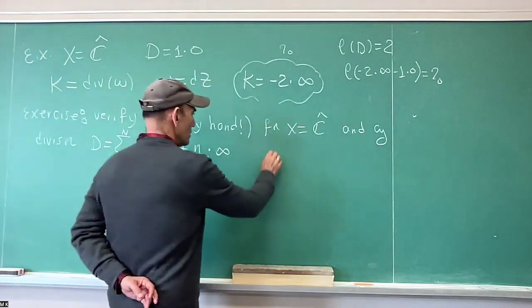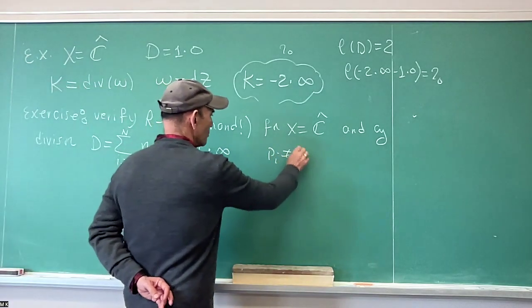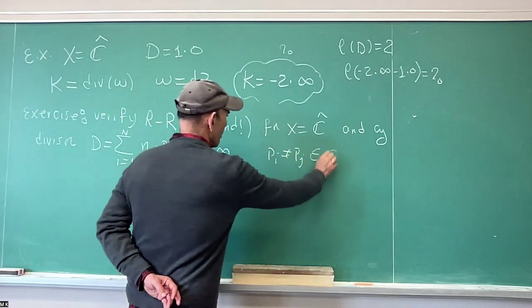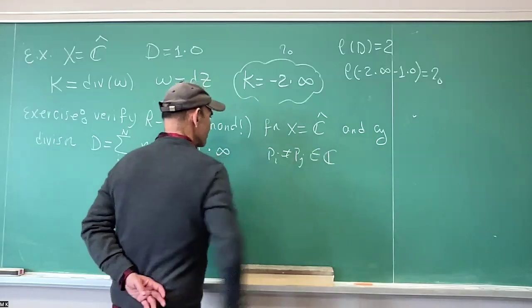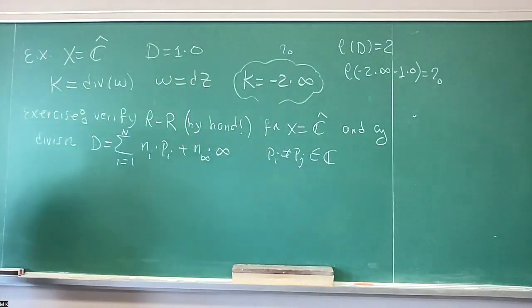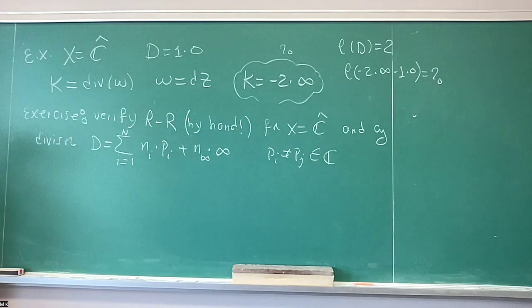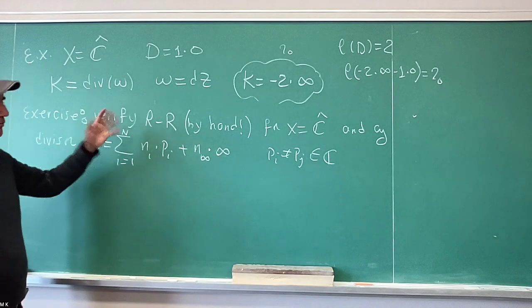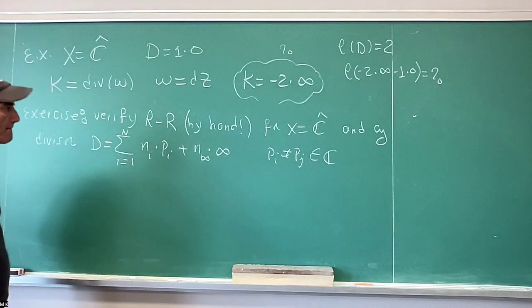So p_i different from p_j belonging to the finite part of C hat, which is C. I mean, you have to work with rational functions in a careful way, but you'll do it.